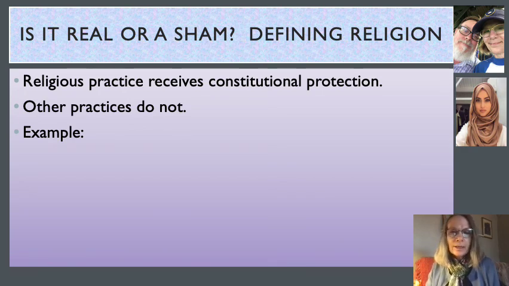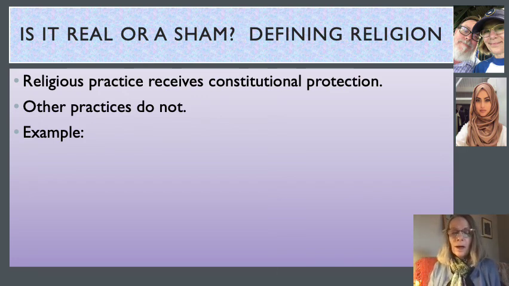They use a really good example in your textbook, the example of prisoners in a state-run prison. As we know, some people with religious beliefs have certain dietary practices. If you are Jewish, some Jewish folks eat kosher food. And so if you are a Jewish prisoner and you consume kosher food, the prison needs to respect your religious practice and give you kosher food.